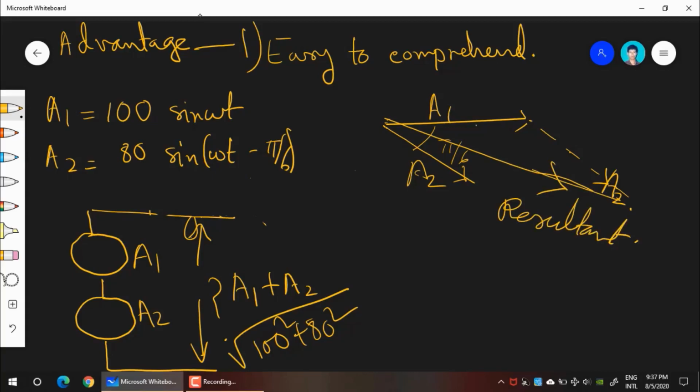This graphical representation gives you whatever theta you are looking for, this entire length. Let me draw with a different color.